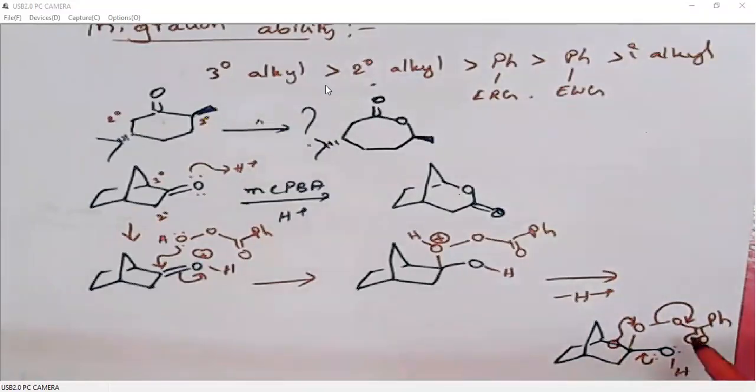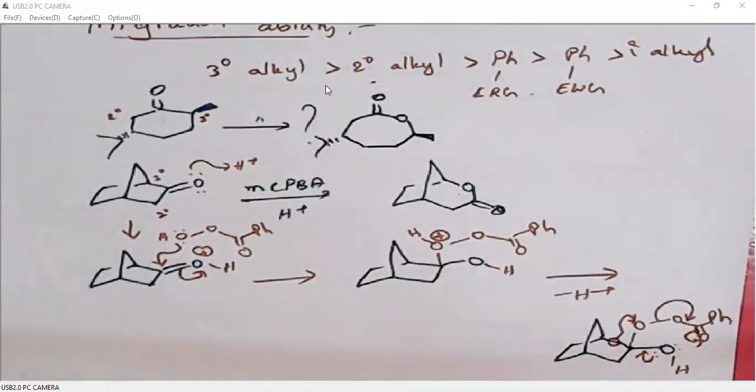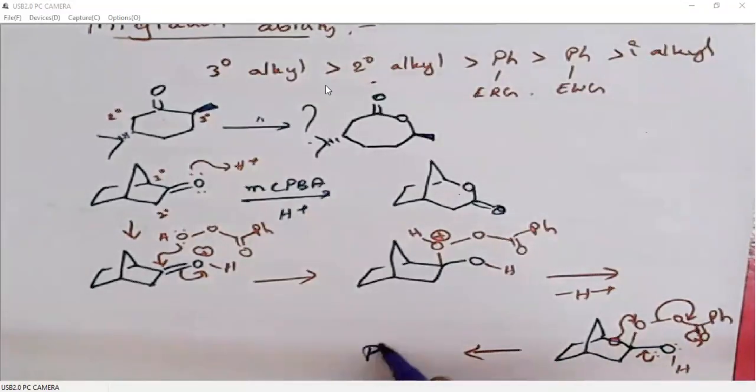Why am I writing it like this, breaking this C double bond? It is for a simple reason: the carboxylate ion will undergo resonance, so that is why I am writing that. Otherwise you can simply write the arrow to this oxygen, so that is enough, so that we will get PhCOO minus.